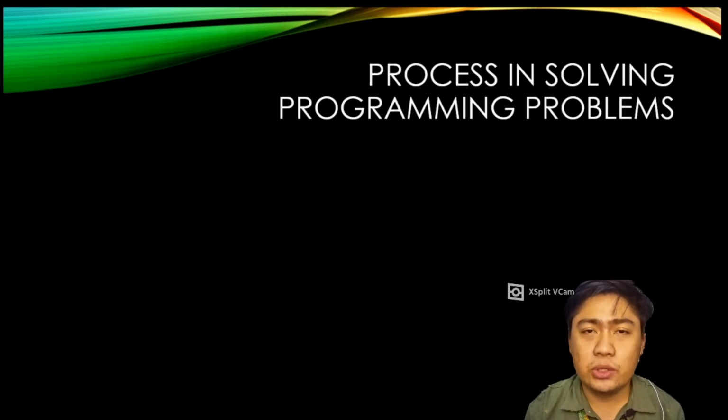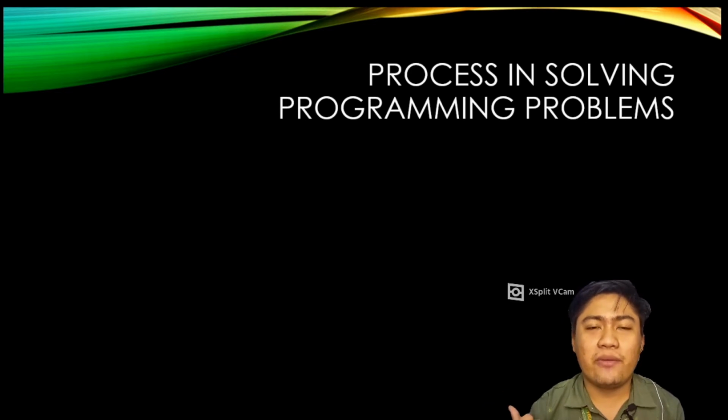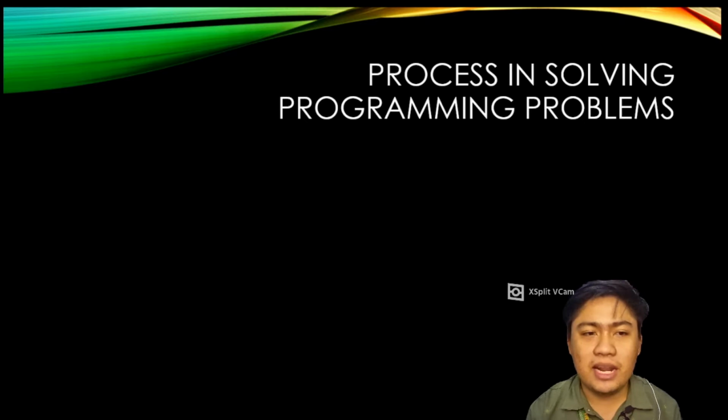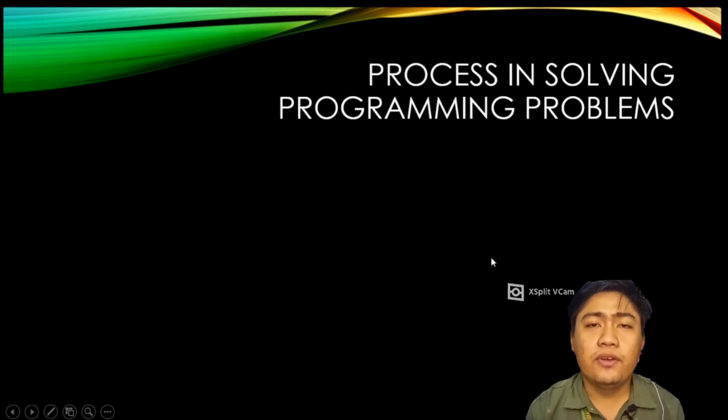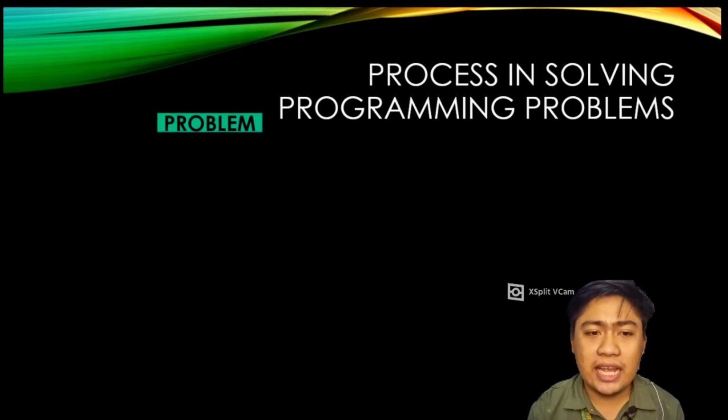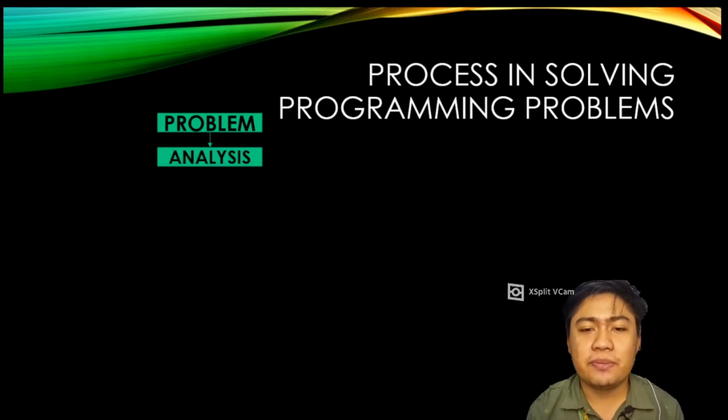To be a good problem solver and a good programmer, you must follow good problem-solving techniques. The illustration on my right side shows you the stages or steps on how problems are being solved. First, you have to identify the problem. Once the problem is defined and clearly specified, the next step is to analyze it, to identify the possible solution.